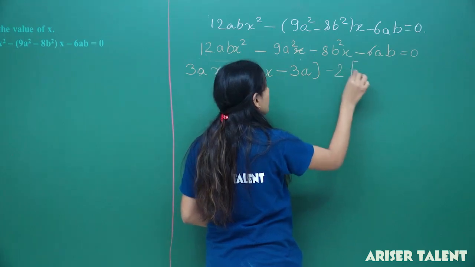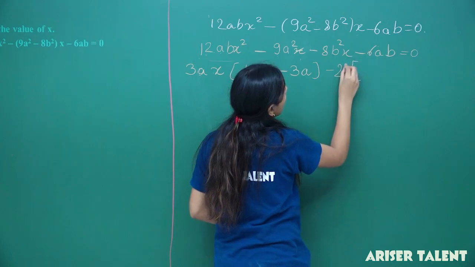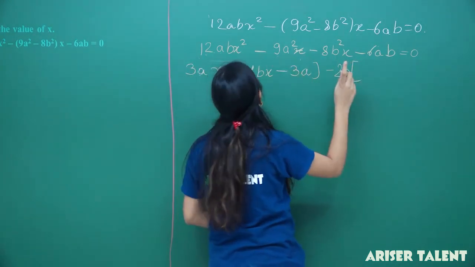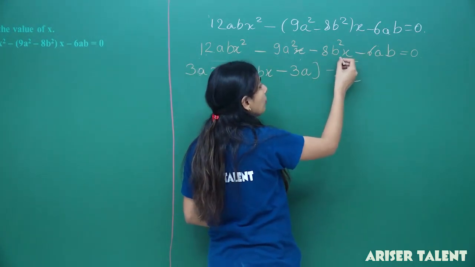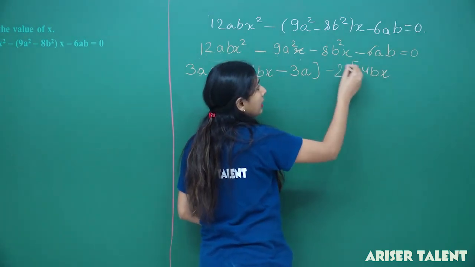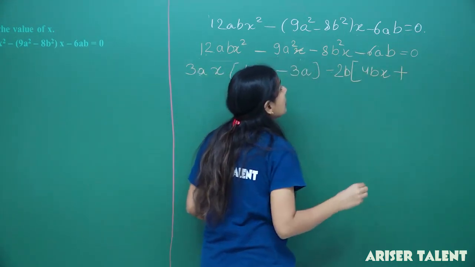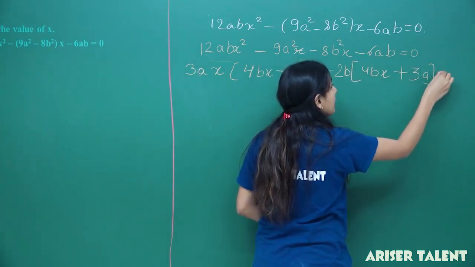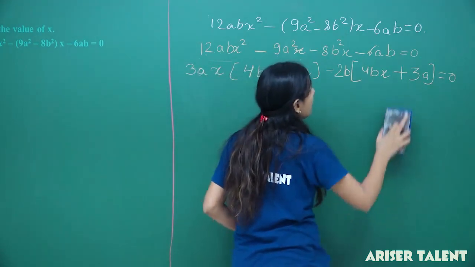So I am taking 2 common, then b also is here, so I can take 2b common here, minus 2b common here. So I will be remaining with plus of 4b and x. Now it is minus, so I will have a plus sign here, then 3a equals 0.